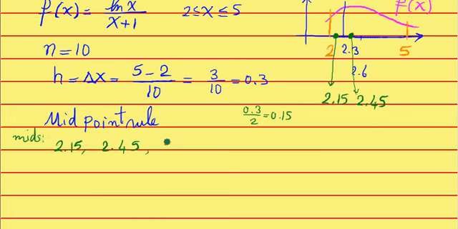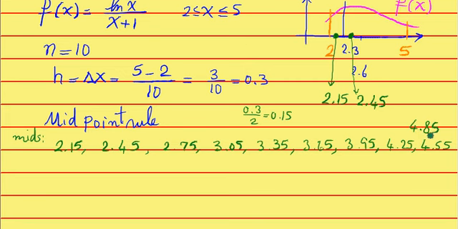We go in steps of 0.3, 2.75, 3.05, 3.35, 3.65, 3.95, and 4.25, 4.55, and the last one will be 4.85.